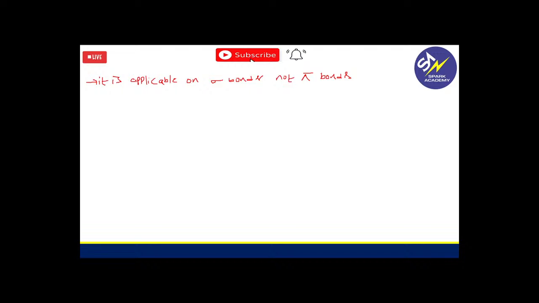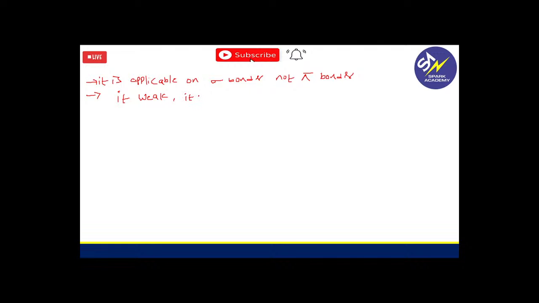And the second most important character, it is a weak effect and negligible after 3 to 4 carbon atoms.